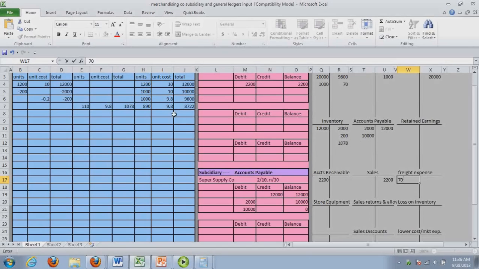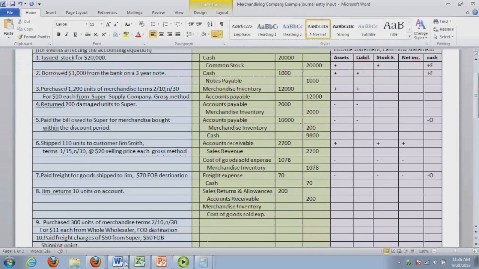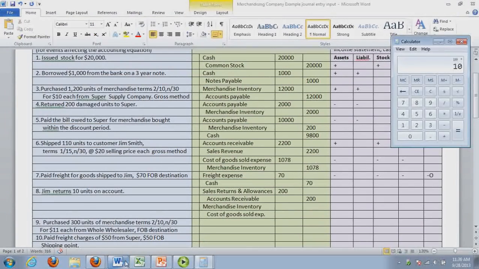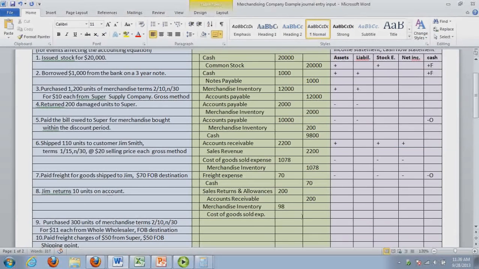So most of the time we'd be looking at the record. $9.80 for 10 units. Okay, so again, we should be able to do that, but I'll do it here. 10 units times 9.80 is $98. And I think that's good.